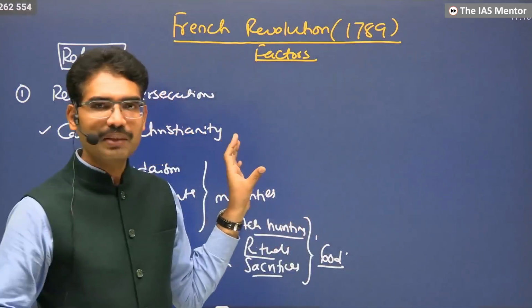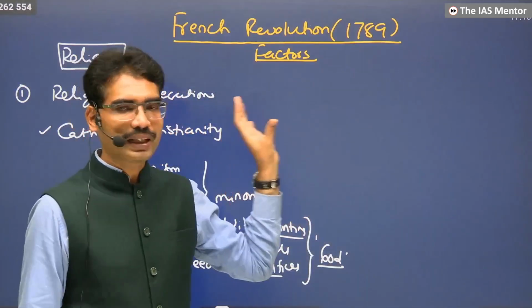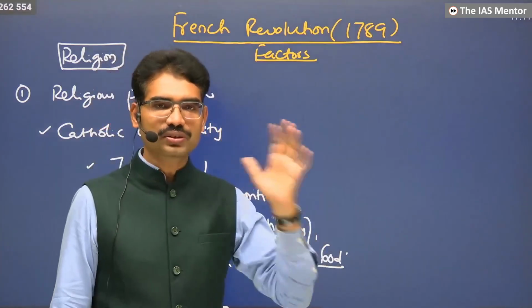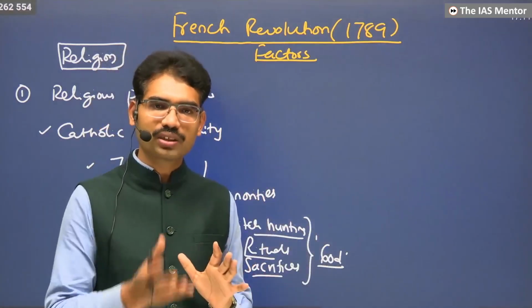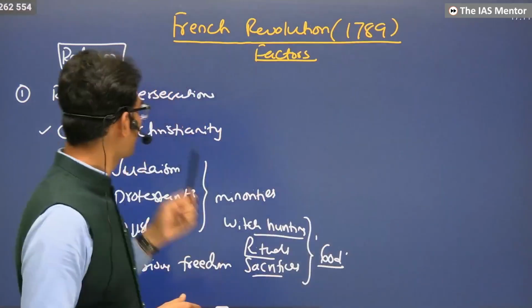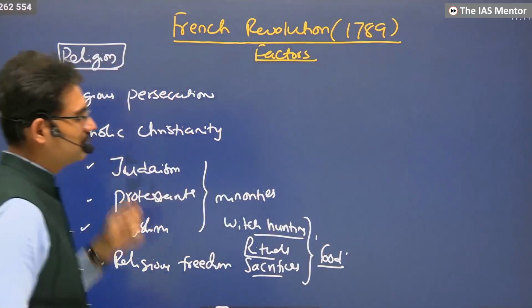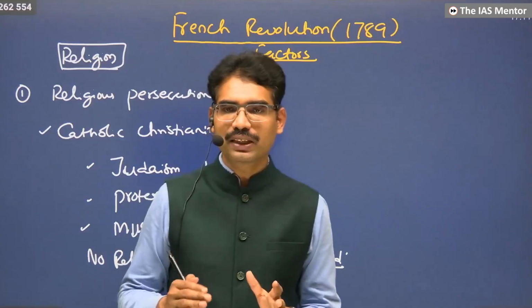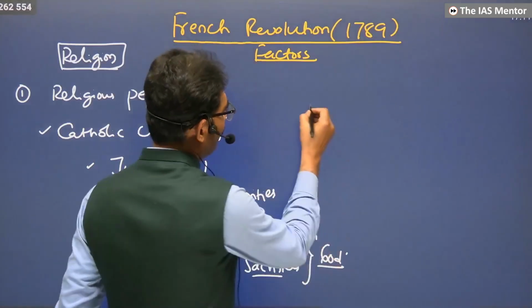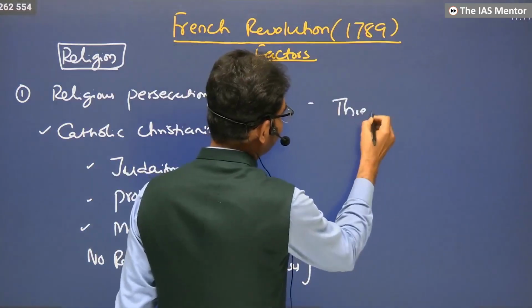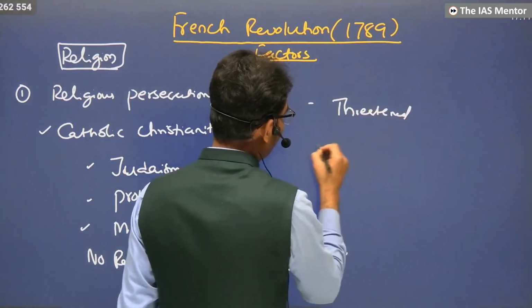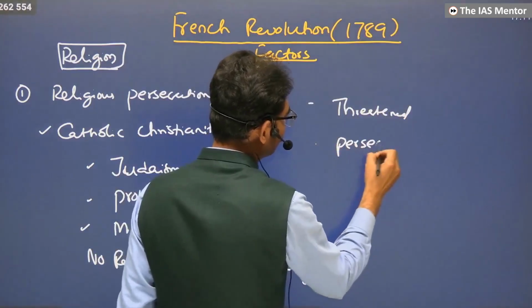That's why it became a living legend. Everywhere people started comparing the causes of the French Revolution. In their societies also, similar kinds of revolutions, people are going to revolt. This is religion. No freedom of religion, but in the name of religion, people are threatened and persecuted.